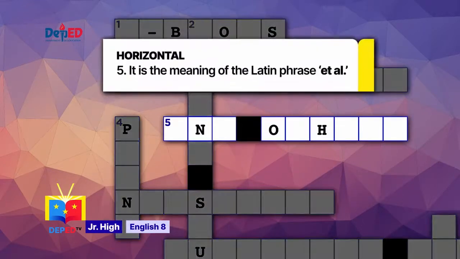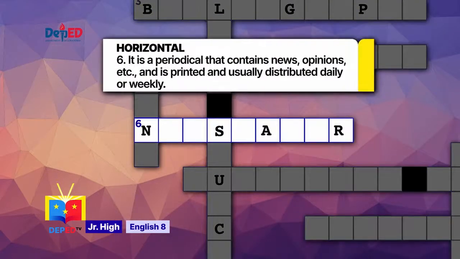Number 5. It is the meaning of the Latin phrase et al. Number 6. It is a periodical that contains news, opinions, etc. and it is printed and usually distributed daily or weekly.